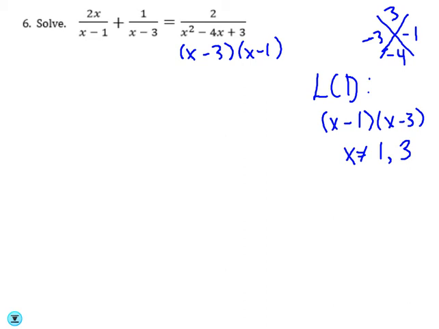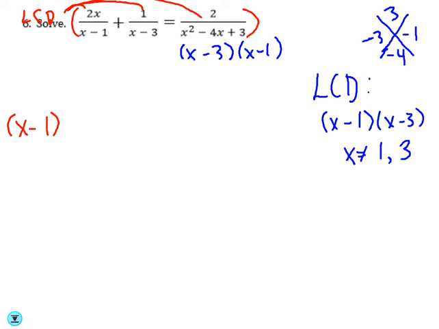So what I can do is multiply through by the LCD. I'm going to do that in red here. So I'm going to multiply this whole thing by the LCD, and I'm going to multiply the first one, the second one, and the third one. So I'm going to go ahead and write the LCD. It's a little large.